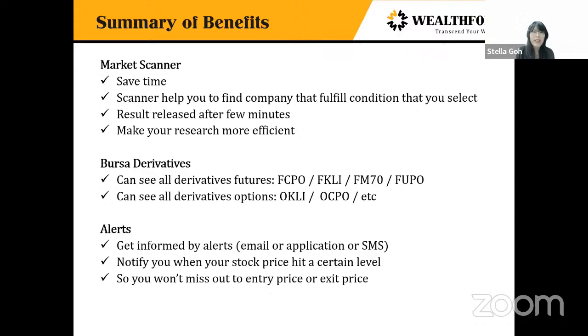While for the Bursa derivatives, you can see all the derivative futures and also derivative options. And for the alerts function, you can get informed by the alerts by using email, application or SMS. So it will notify you when your stock price hits a certain level. So you won't miss out the entry price or exit price.